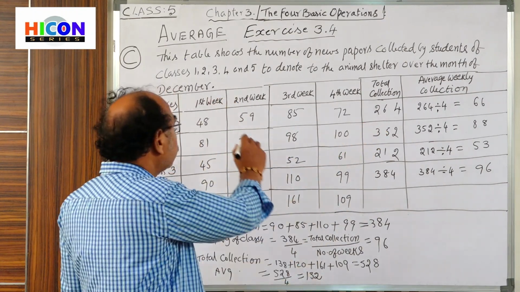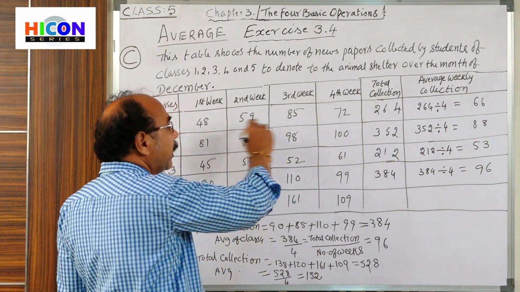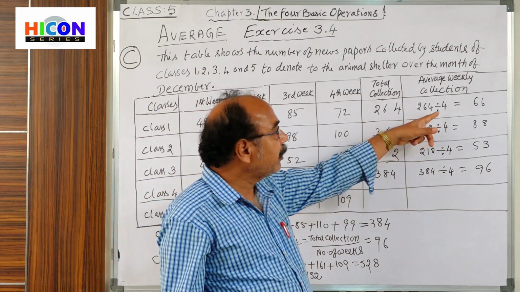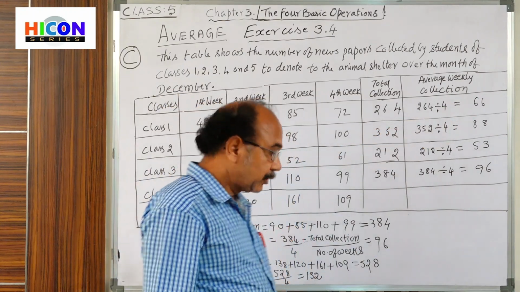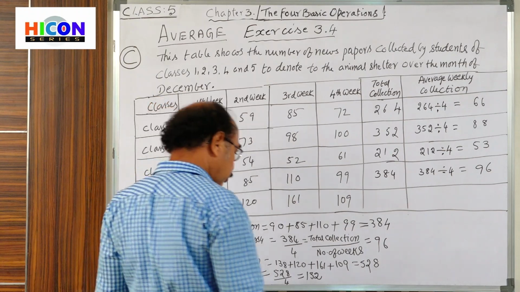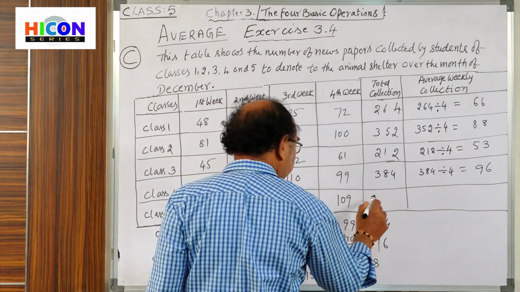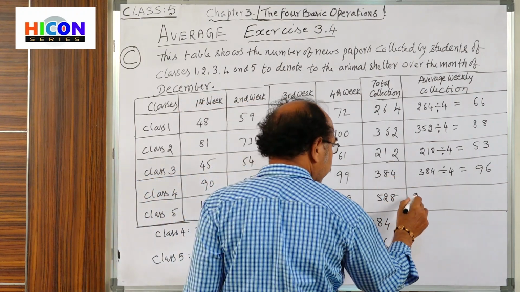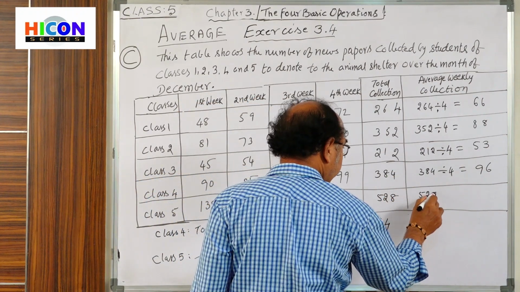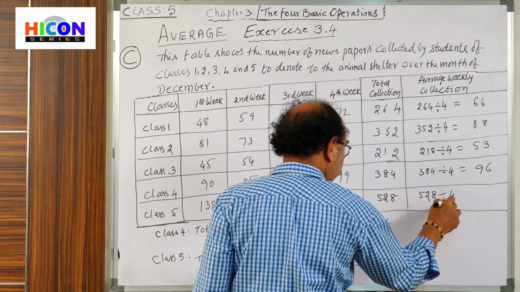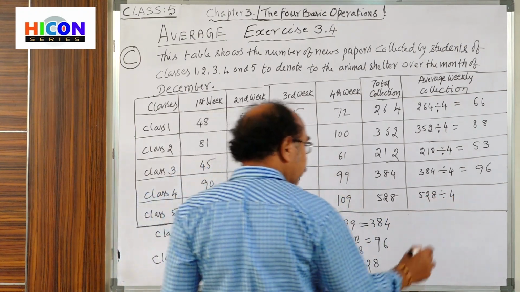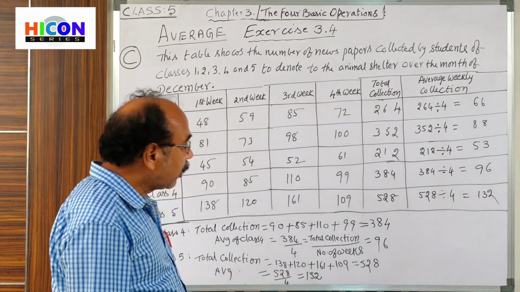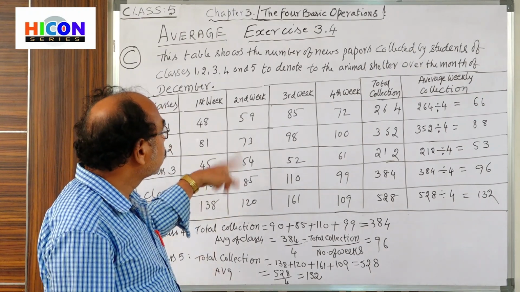You have to tell that all these 4 weeks collection was added, then 264, 264 is divided by 4. Like that. So here total collection you write 528, and here you show average, 528 divided by 4. Okay, children. Then 132. You got an idea?